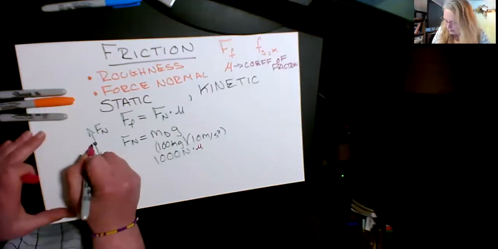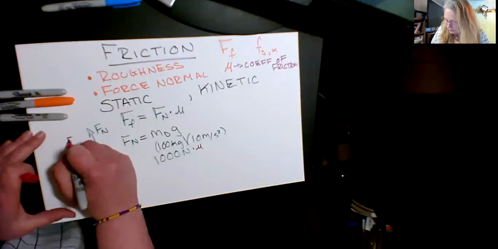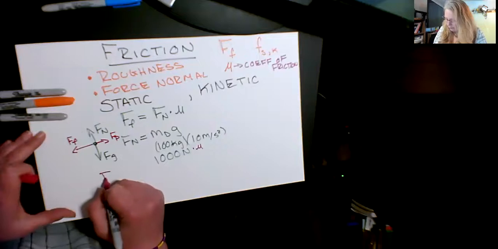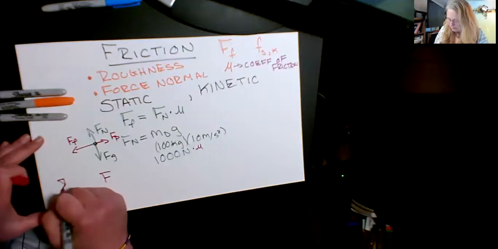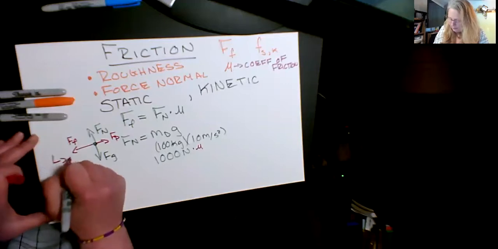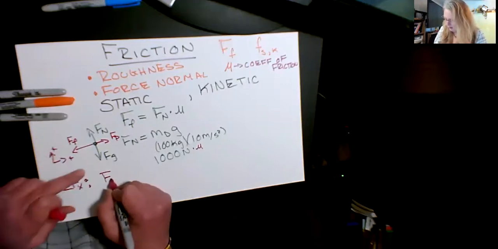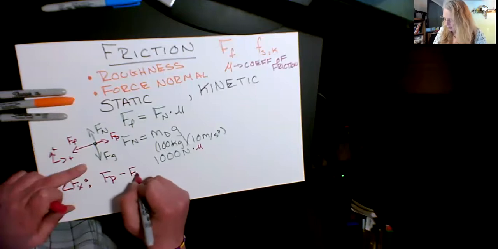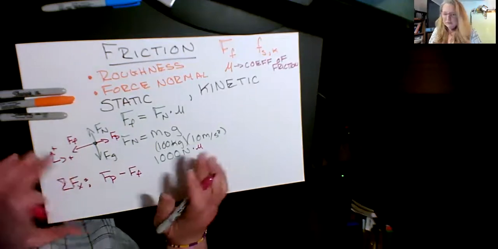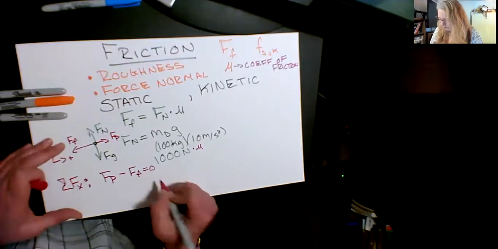So if I'm applying that much force, what does that mean? The desk has the force of friction going this way, and my force push going that way. Doing the sum of forces in x, my force push minus the force of friction. Well, this thing isn't moving. It didn't accelerate, so that equals 0.